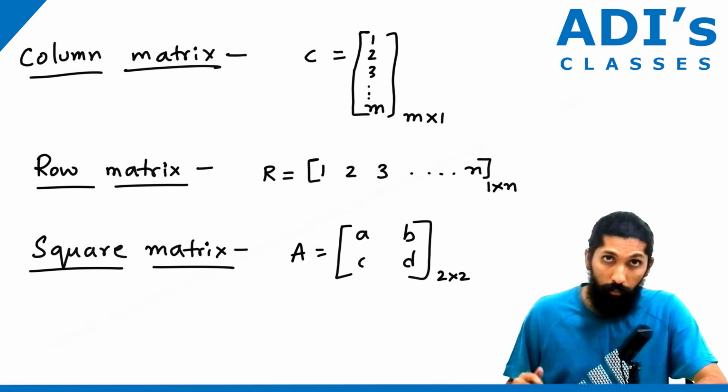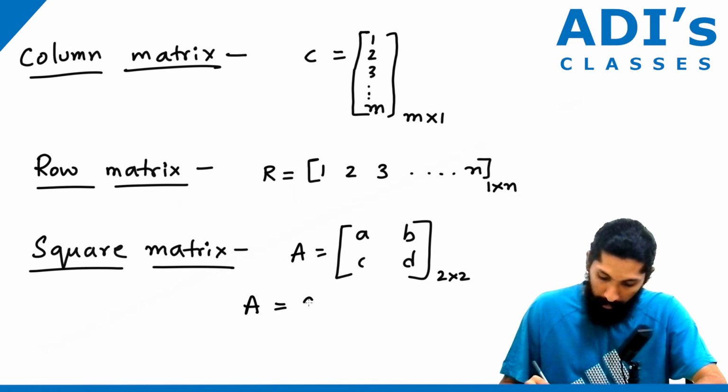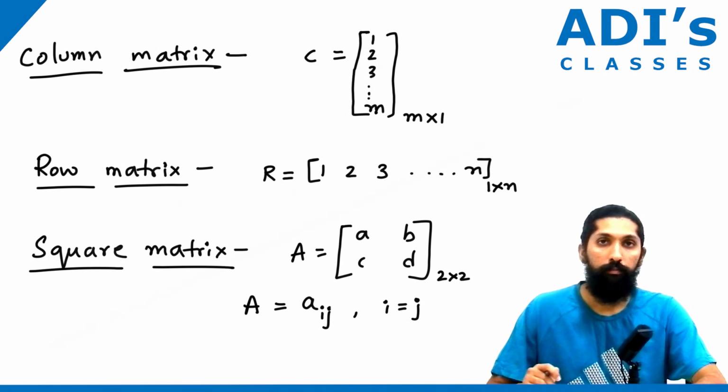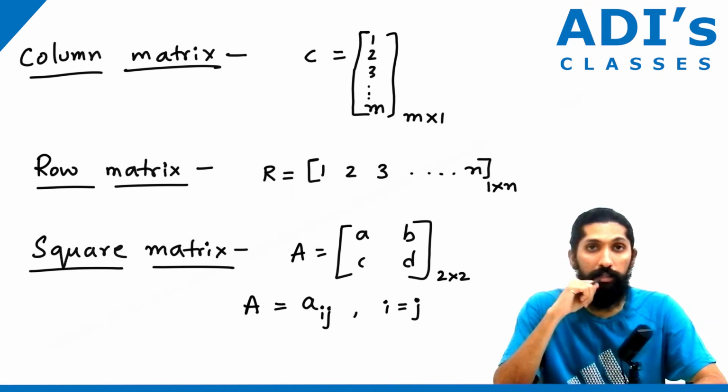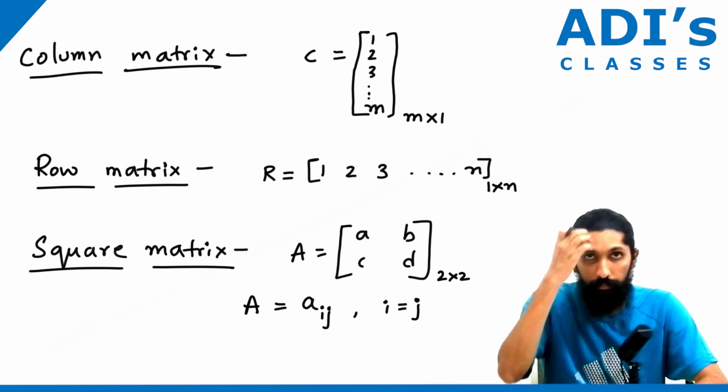Now in general what we say is that for a square matrix, A is equal to a_ij, where i is equal to j. In the sense, the number of rows and number of columns should be the same.